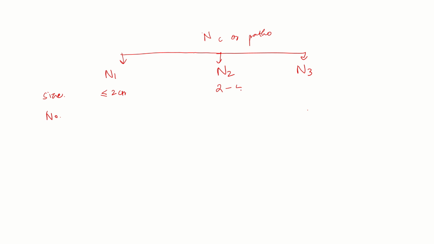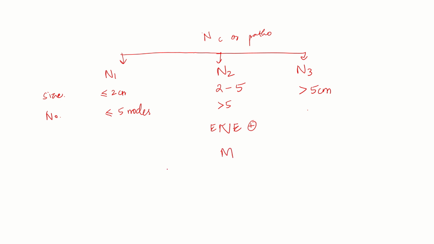If it is 2 to 5 centimeters, it is N2. Anything more than 5 centimeters mass is N3. Based on the number, if the number is less than or equal to 5 nodes, it is N1; if it is more than 5 nodes, it is N2. And presence of extranodal extension also comes under N2.